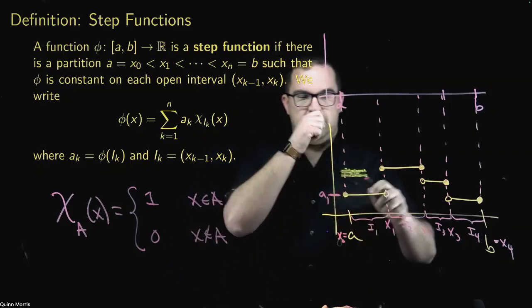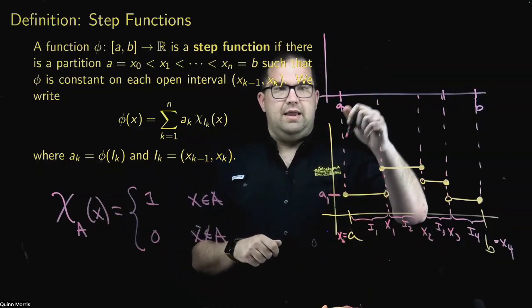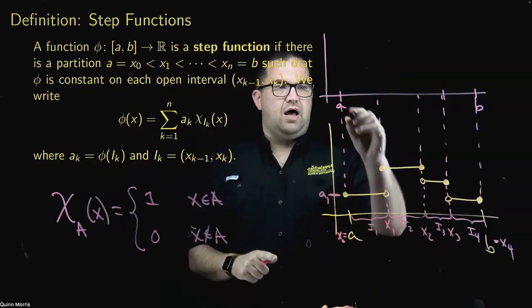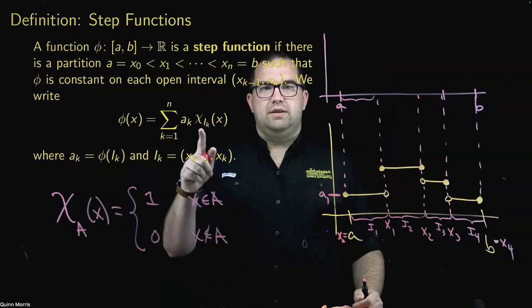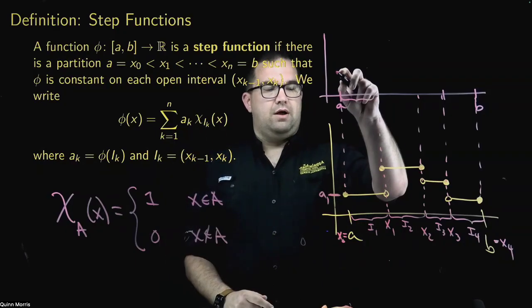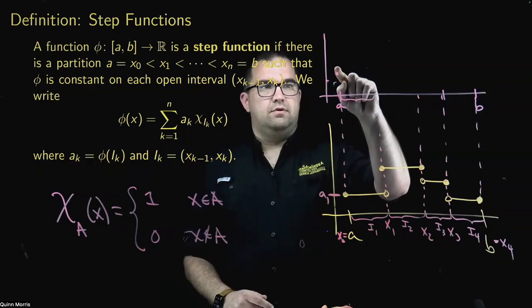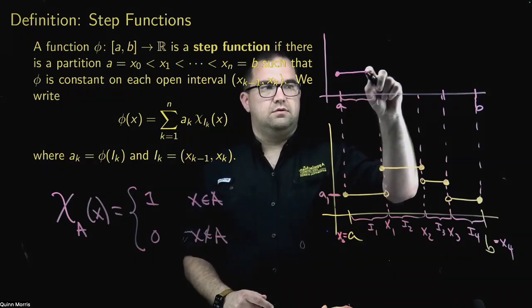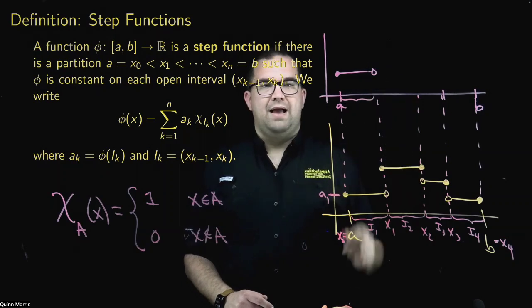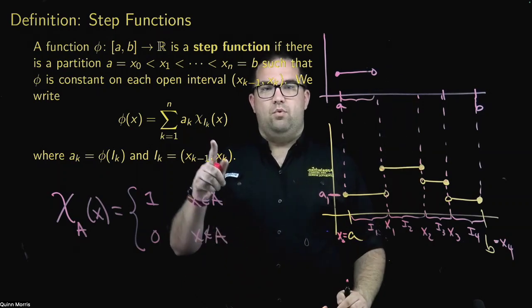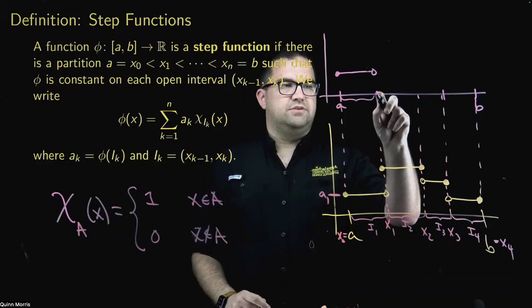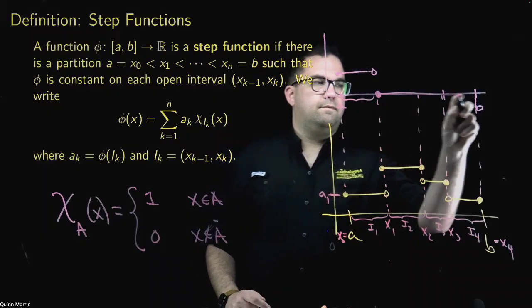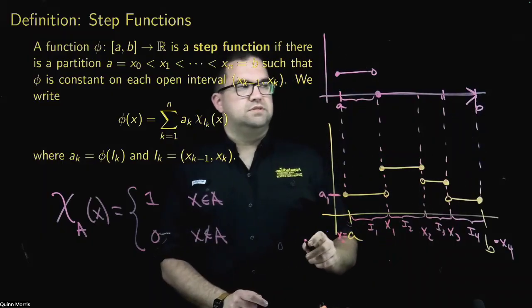So when x is in I1, what's going to happen? Chi of I1 will be 1 times A1, so what I'll get here is just this back. As soon as I'm outside of I1, my indicator function will be 0, and so everywhere else this function will be 0.